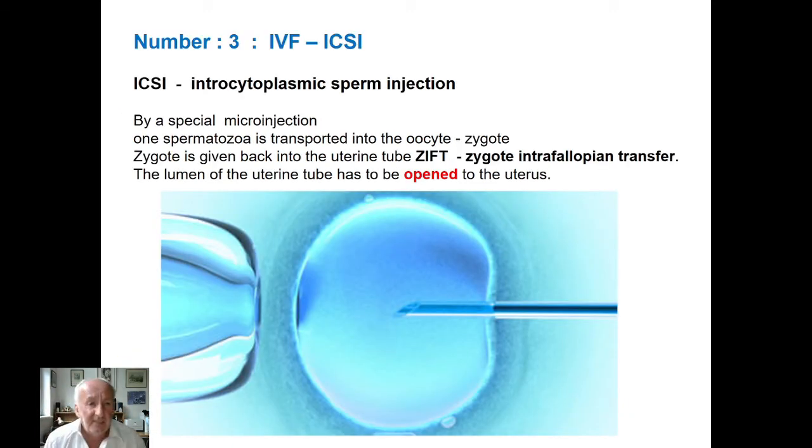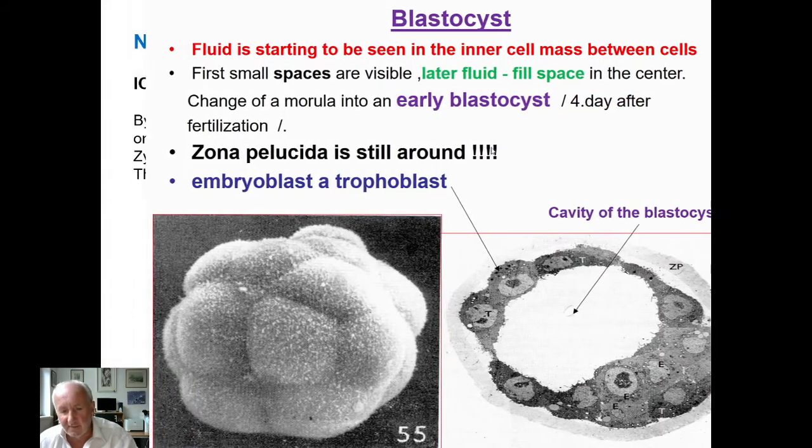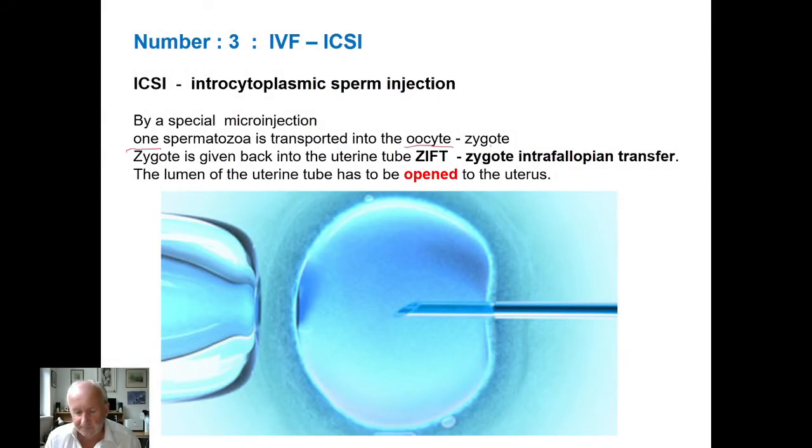Last possibility, intracytoplasmic sperm injection, ICSI. Microinjection, one spermatozoon you push into the oocyte. The zygote is given back into the uterine tube, of course, to the ampullary part of the uterine tube.